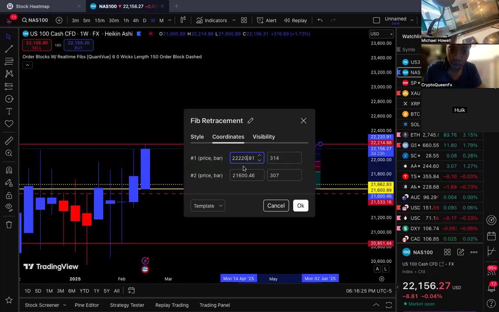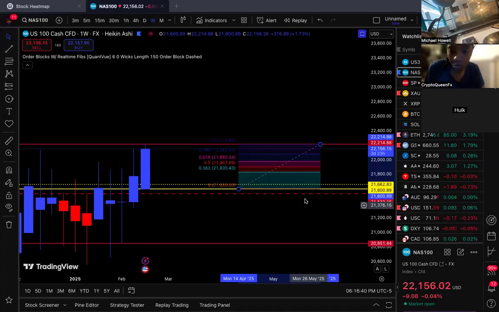With the coordinates in of the high and the low, which is 22,214.88 for the high, and the low is 21,600.89. Then I put my middle in.